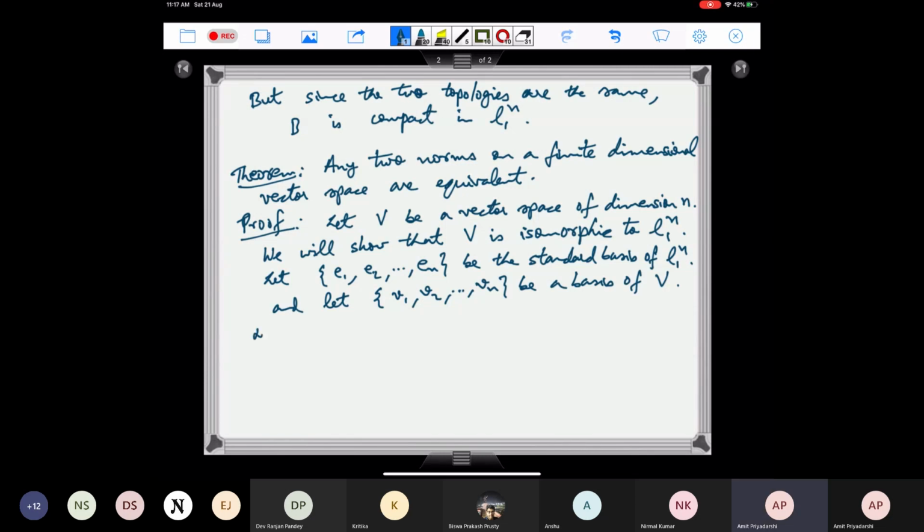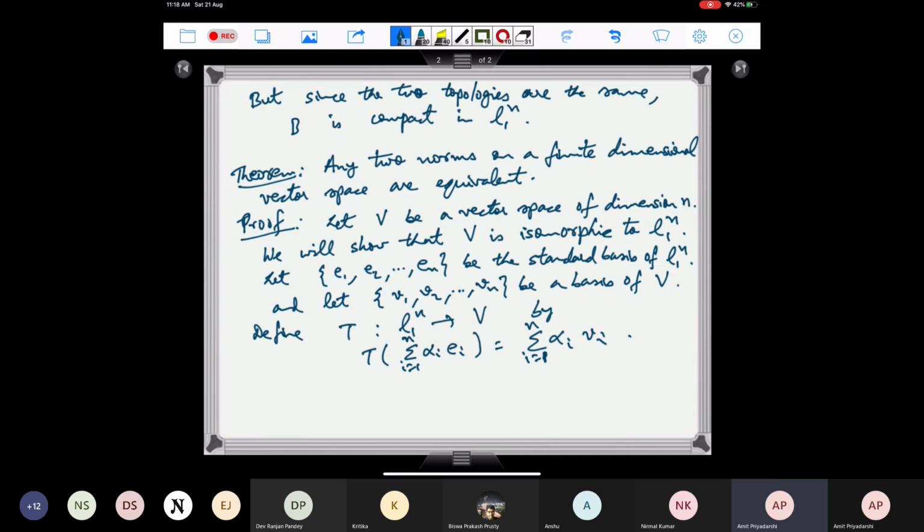So now we will define an isomorphism. Define T from L1n to V by T of summation alpha i ei, i equal to 1 to n, maps to summation alpha i vi, which means that you map these basis vectors to these basis vectors.